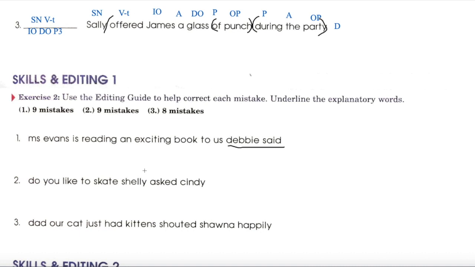Rule 2, place quotation marks at the beginning and end of what is said. Again, this is not working right. The beginning and end. Miss Evans is reading an exciting book to us. Here's the end.